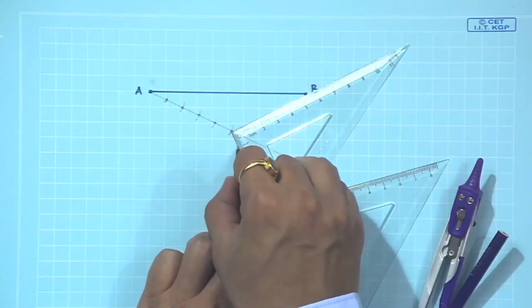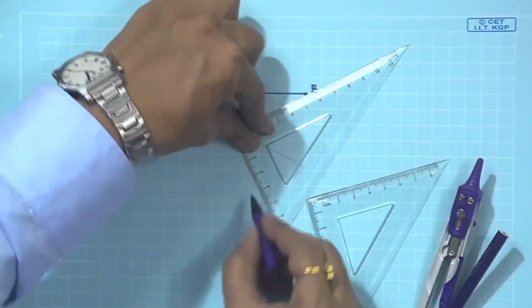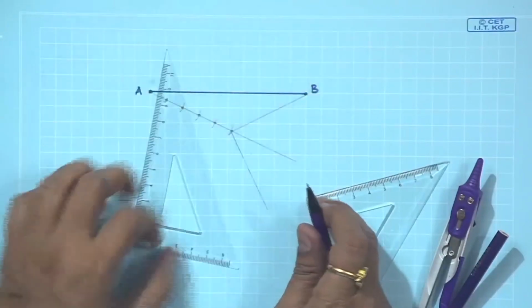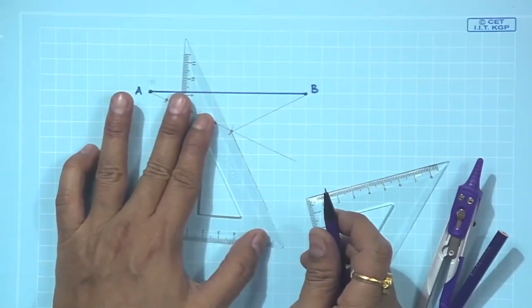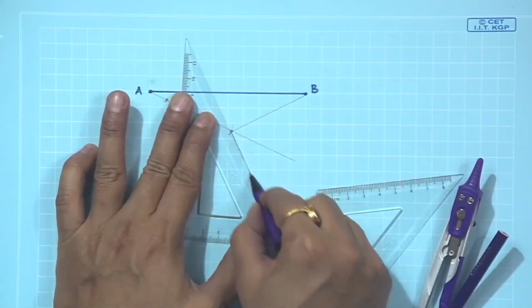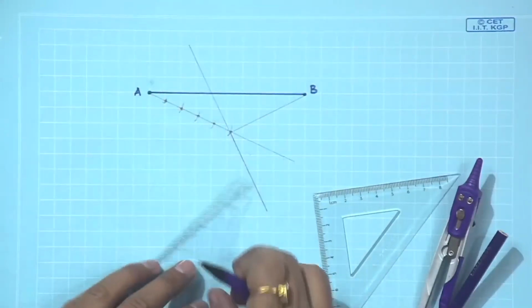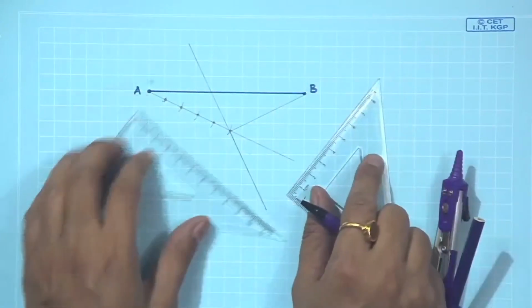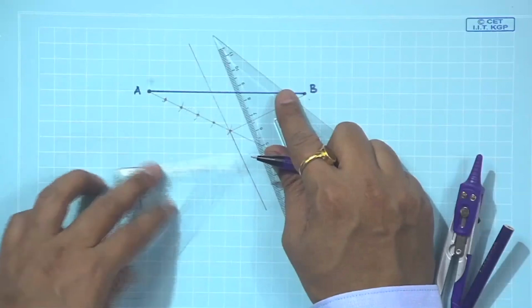Drafter is the right tool to use this. So, parallel to that we have to construct it. That means, align one of your set squares in that direction, something like that.